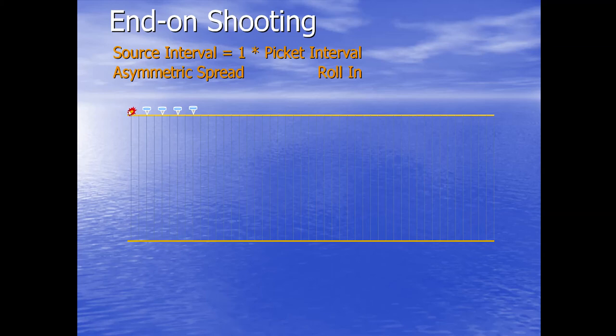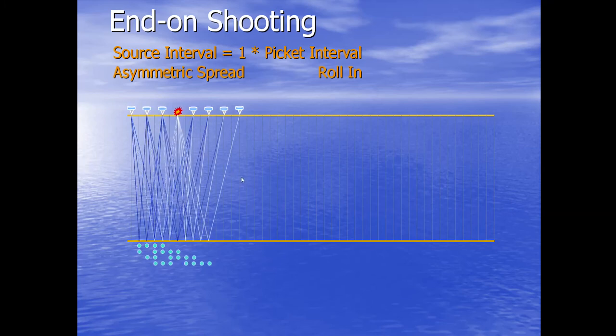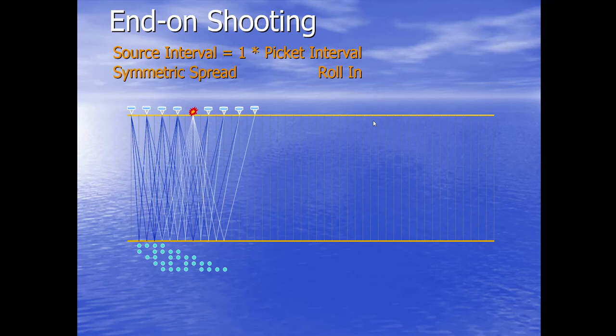Then we have to start from here. Once we move our source here, we will put a receiver here, and the same thing will happen on the right side.